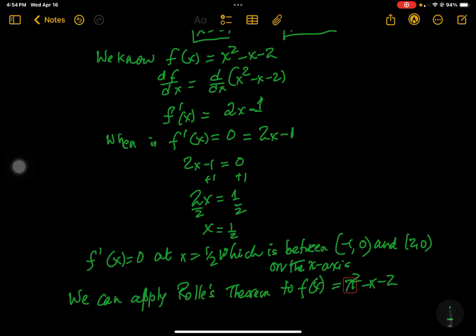It so happens that x equal to half is a point on the horizontal axis between (minus 1, 0) and (2, 0). Therefore, we can apply Rolle's theorem to the function f of x, x squared minus x minus 2, because the function has two zeros on the x-axis, between which there is another point where the first derivative of the function is also 0, which is Rolle's theorem. Hence, Rolle's theorem is valid for this function.